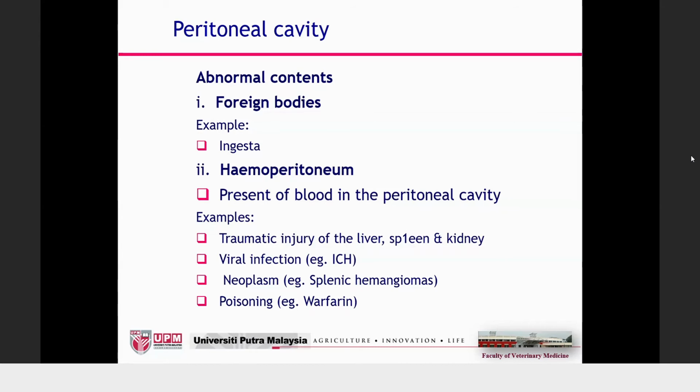But the care we should take is to make sure you are able to differentiate hematoperitoneum from postmortem change. That is important because the presence of hematoperitoneum is very significant and it is caused by certain agents.